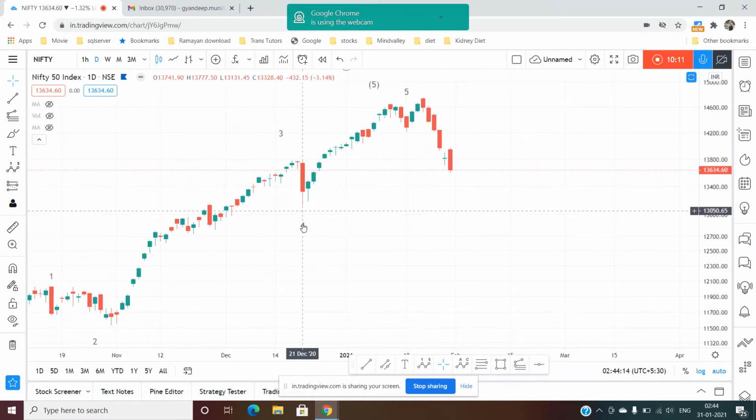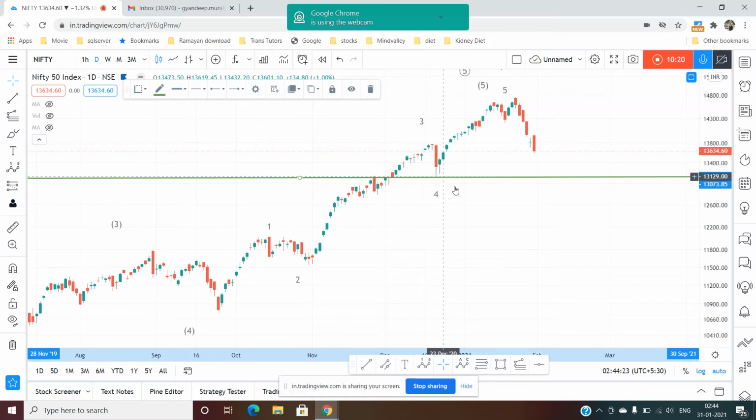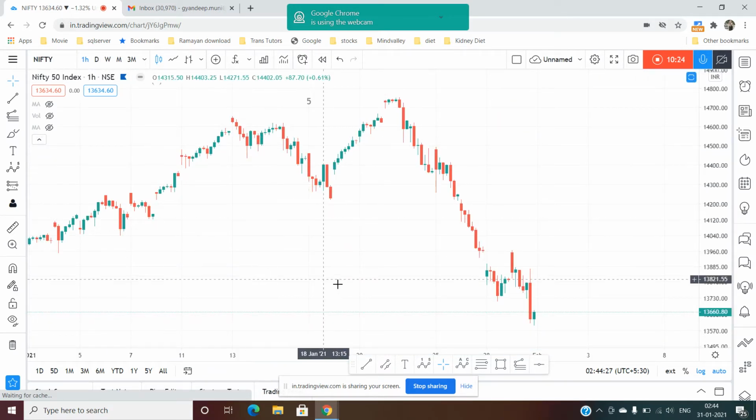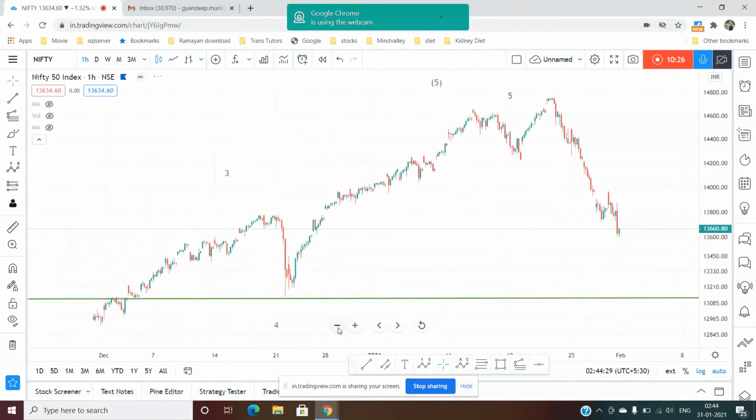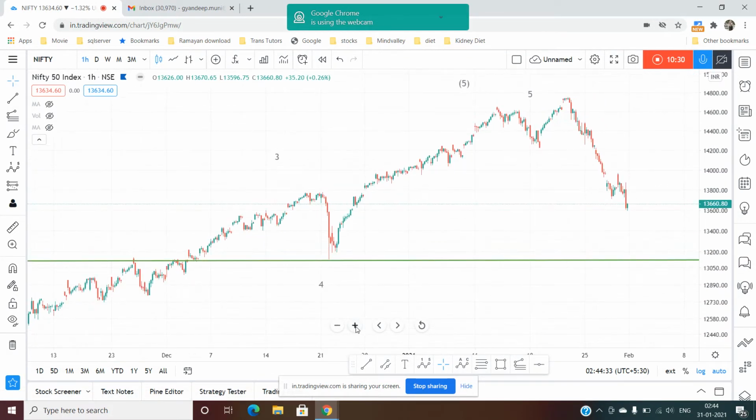Now where are we in this last five waves? We'll take the pointer, put it here, and go to the lower chart, the hourly chart, and define where we are right now. Very simple. We are in the 1, 2, 3, 4, 5.